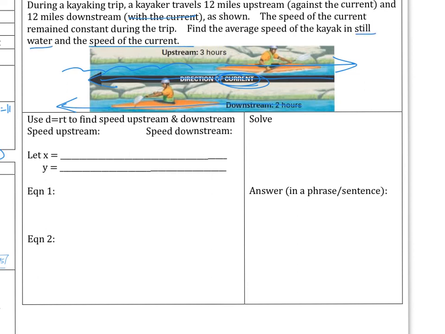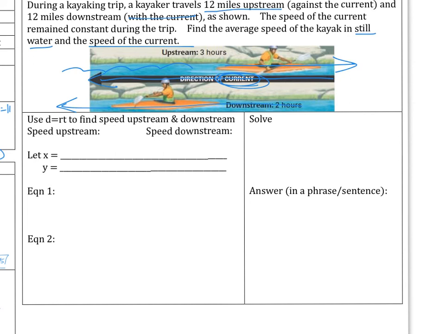You're going to have to use distance equals rate times time to find the speed upstream and downstream. So in the word problem, they gave you that the kayaker travels 12 miles upstream.